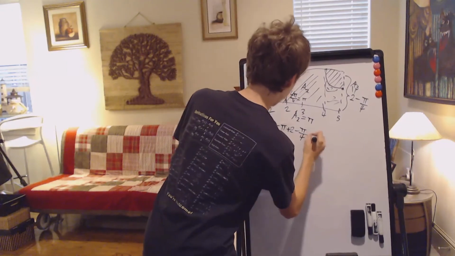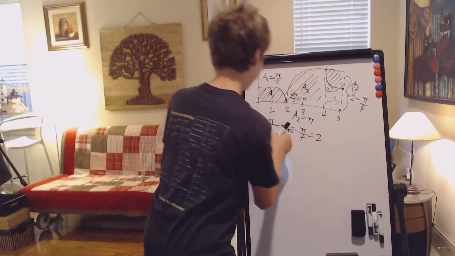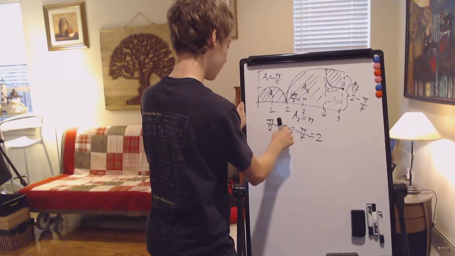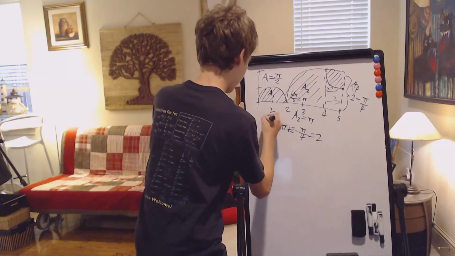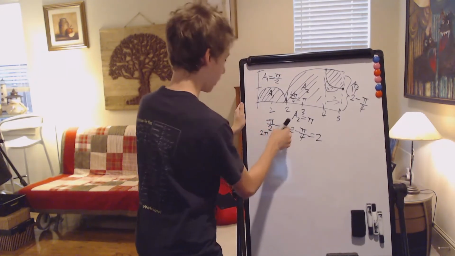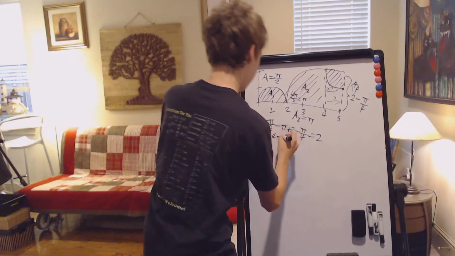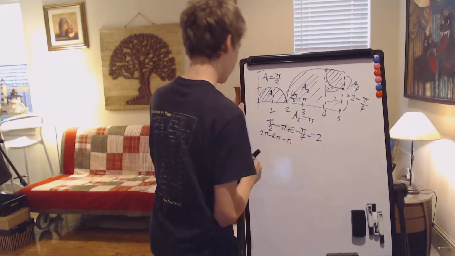Okay, and this is equal to, well, we have the 2 on the outside. And then we'll get, what is this? This is going to be 2 pi, and then minus 4 pi, minus pi, if I'm not mistaken.